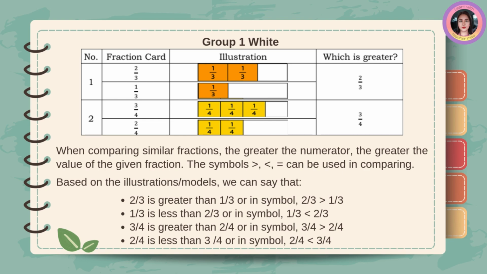For Group 1, when comparing similar fractions, the greater the numerator, the greater the value of the given fraction. The symbols greater than, less than, or equal can be used in comparing.